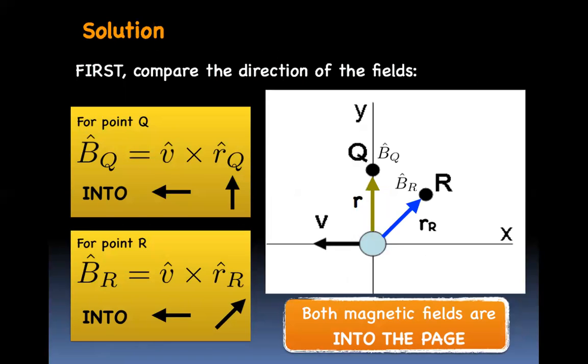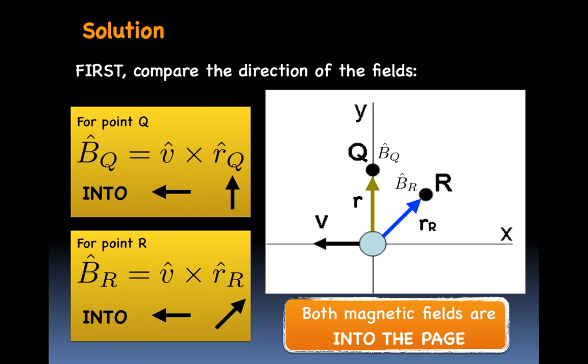Now, to answer this question, first we compare the direction of the fields using the right hand rule. For point Q, the velocity of the charge is to the left. Point Q is located above this instantaneous position of the charge. By doing the right hand rule, we can verify that the magnetic field is into the page.